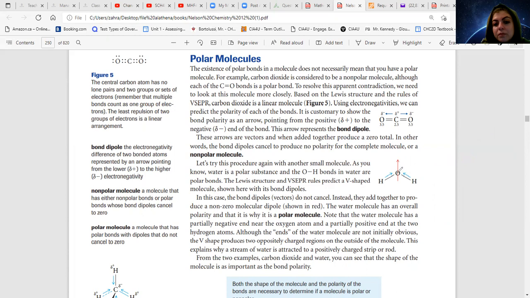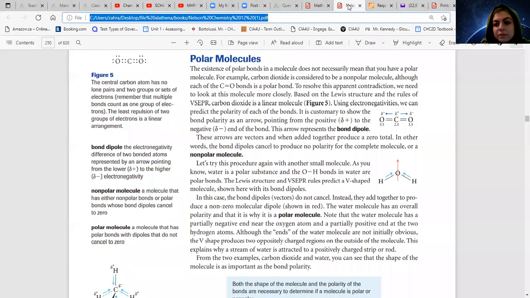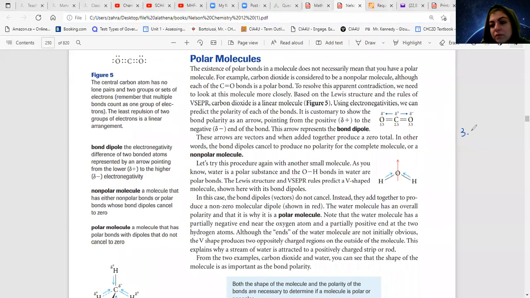Now H2O. Oxygen has electronegativity 3.5, and H is 2.1. So it's going to be a polar bond. If you take the difference between them, 3.5 minus 2.1, it's going to be 1.4. 1.4 is between 0.4 and 1.7, so it's polar covalent.